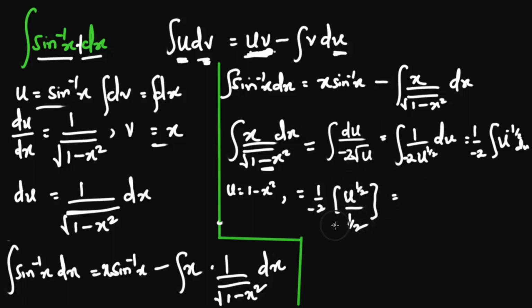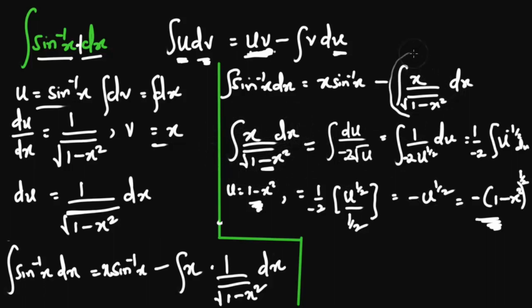So when you take this guy up, it becomes 2 over minus 2. So it becomes minus u raised to the power half, right? And what is u? 1 minus x squared. So it becomes minus 1 minus x squared raised to the power 1 over 2. Okay, very, very simple. So we've gotten this integral.